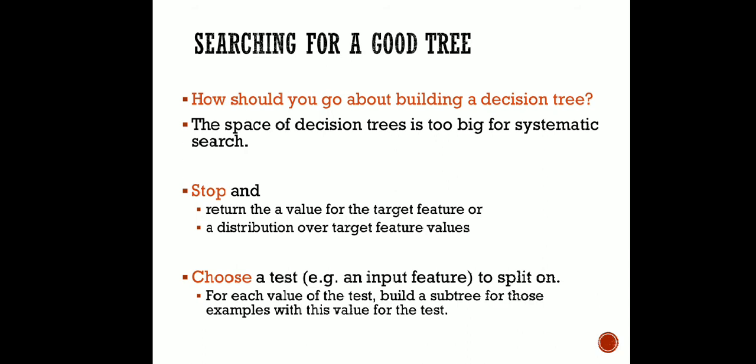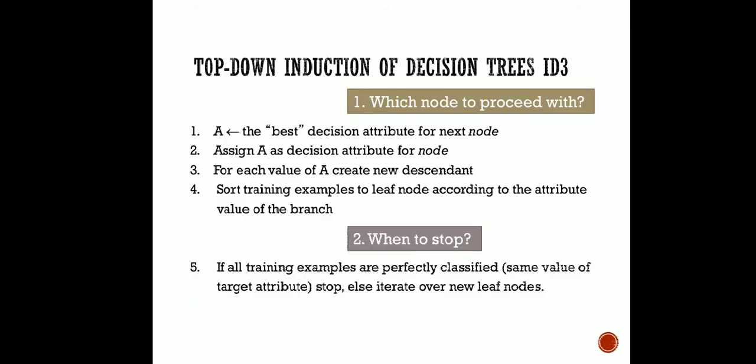But before going to the disadvantages, we have to see what the advantages are. When we have to stop, when we have to choose, and when we have to split, we are going to learn from the example only. This is the algorithm, you can just go through it.